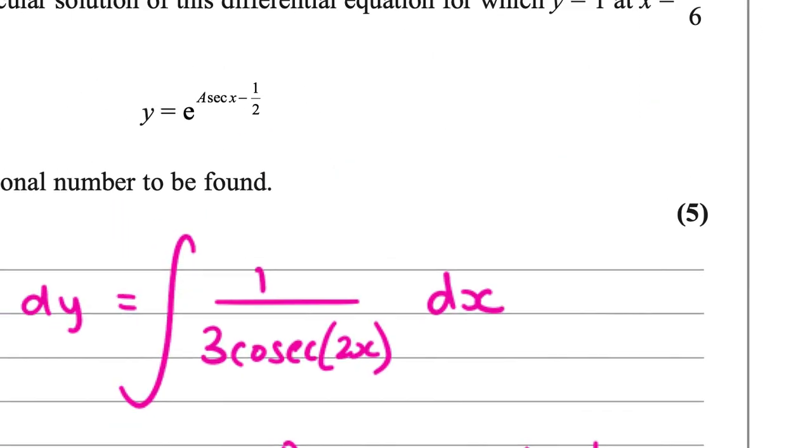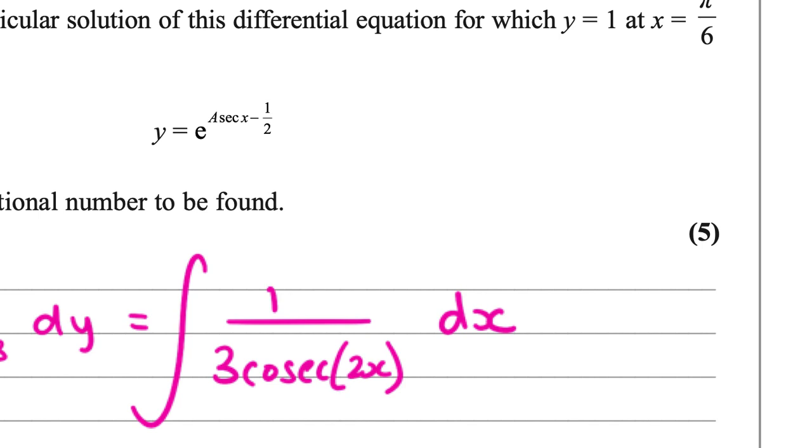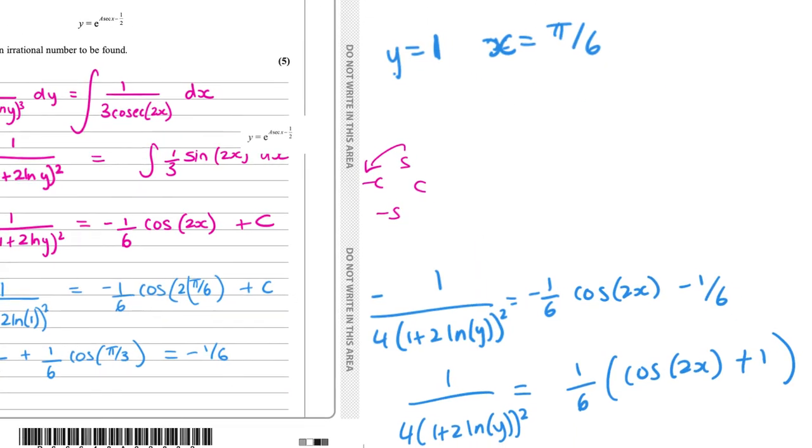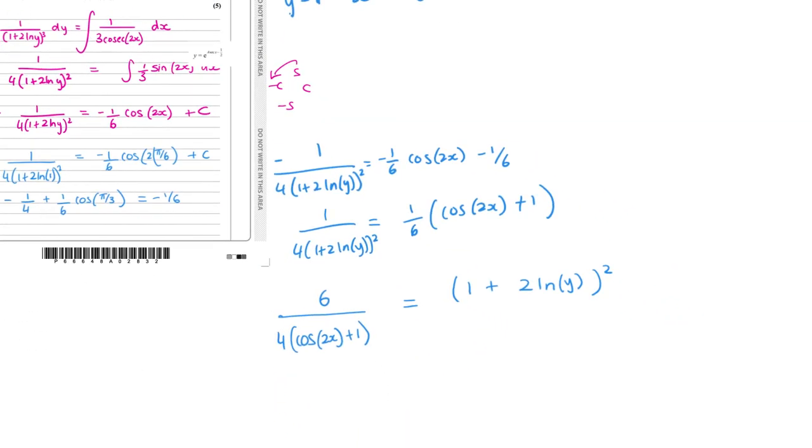And what does it want? So 1 squared stays the same if you take that outside the bracket. Okay, I'm going to bring this here.